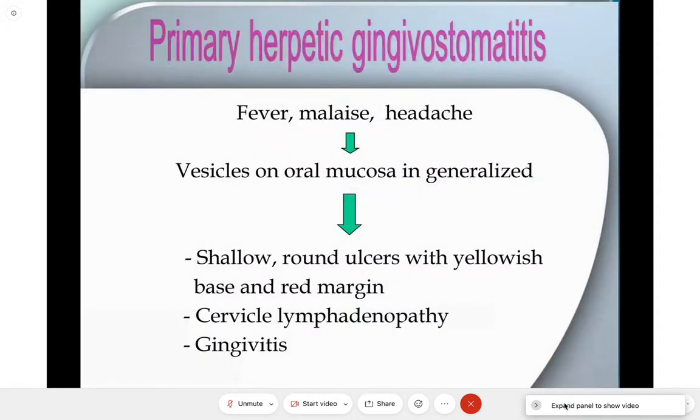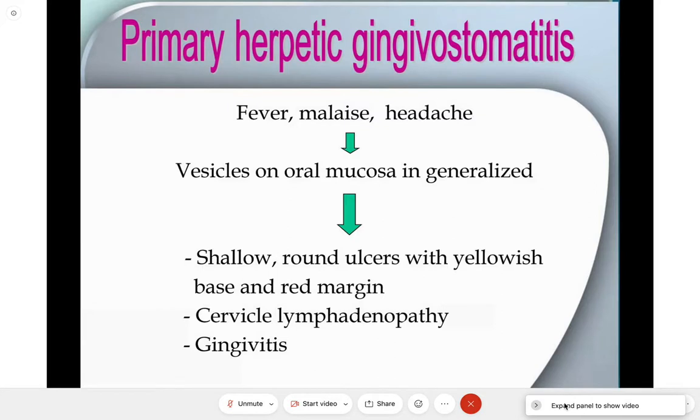So if we look at what happens in this disease: fever, malaise, sometimes with headache, for a few days, and later on vesicles on the oral mucosa, which can be anywhere in the oral cavity.